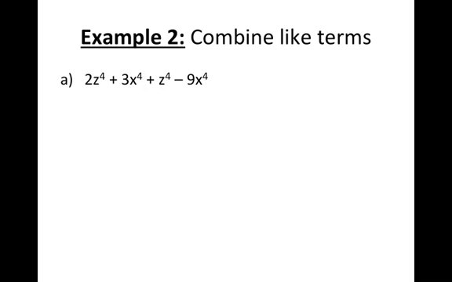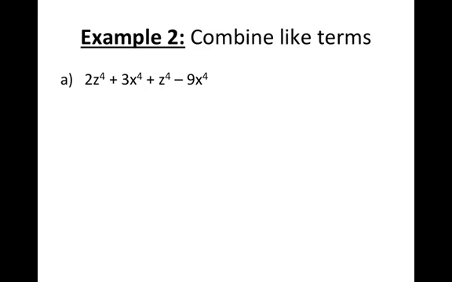All right. Like terms of a polynomial have the same variables raised to the same powers, and you can add them together. So we're going to combine like terms here. So you need to make sure you have the same variable and the same power. So we've got 2z to the 4th plus 3x to the 4th plus z to the 4th minus 9x to the 4th.